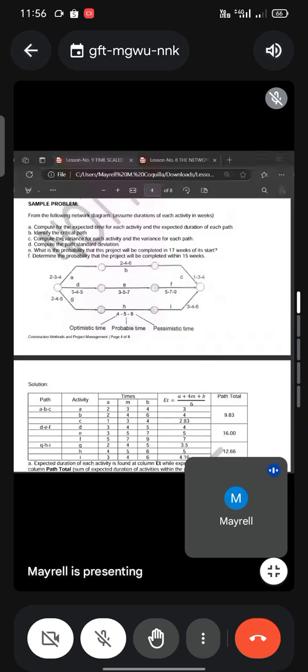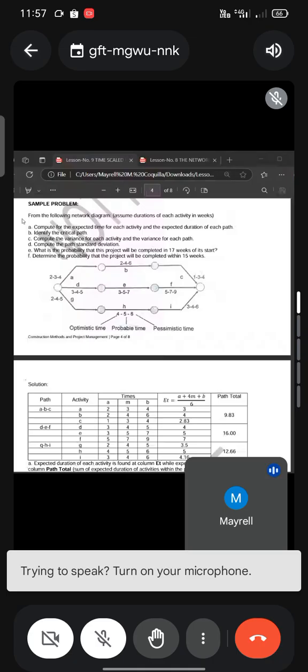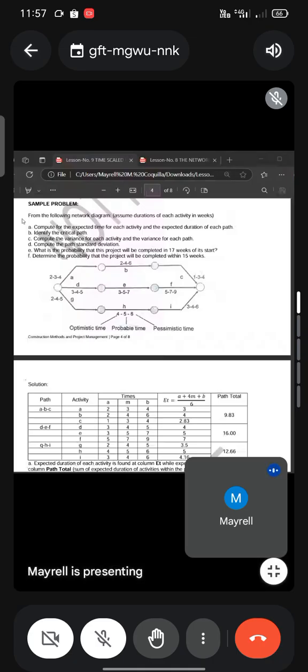So, sample problem. From the following network diagram, assume duration of activity in weeks. Compute for the expected time in each activity and the expected duration of each path. Identify the critical path.